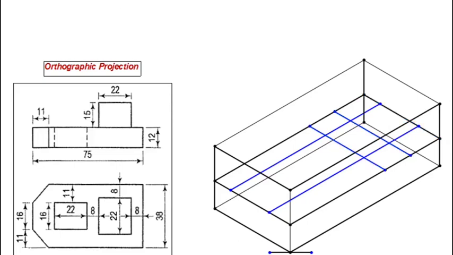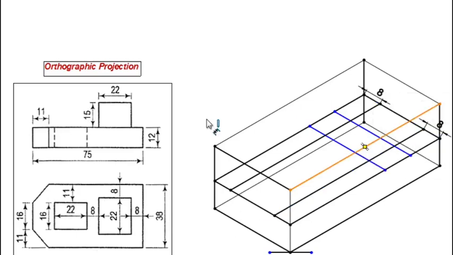Now giving the dimensions, from the top view you can observe it is 8 mm and it is 8 mm, meaning from this point to this point it should be 8 mm, and this point to this point it should again be 8 mm.